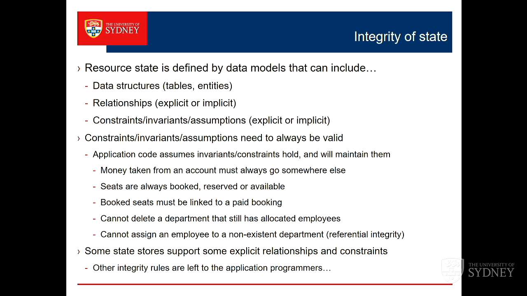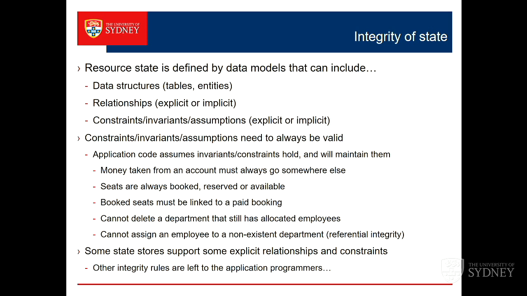If I don't define them explicitly and let them be implicit, then as the application programmer, I have to know, in order to delete a staff member, I have to make sure that there aren't any references to that staff member in places like department records. So, implicit or explicit relationships and constraints.